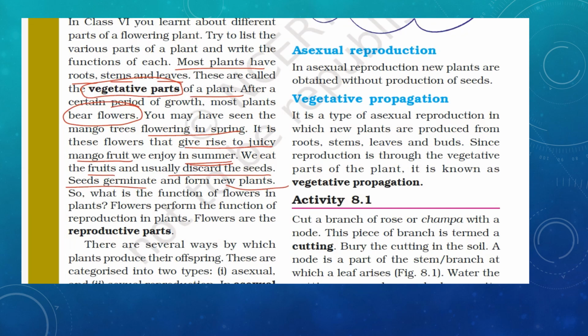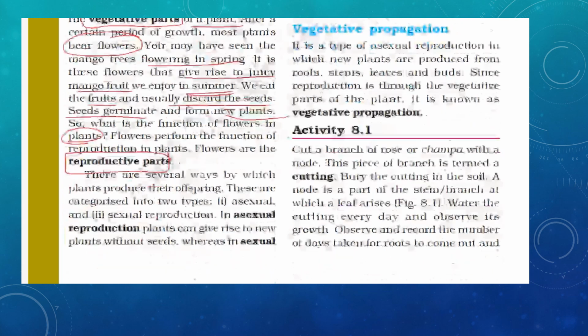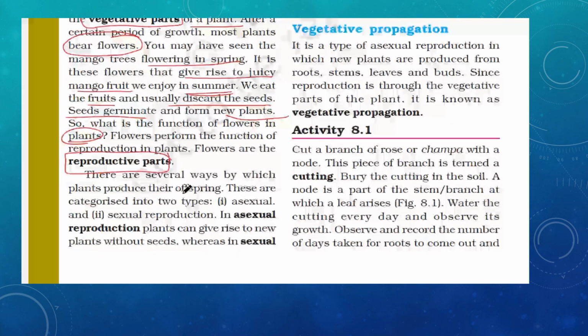So what is the function of flowers in plants? Flowers are the reproductive parts, and leaves, stems and roots are the vegetative parts of the plant. There are ways by which plants produce their offspring. These are categorized into two types: asexual and sexual reproduction.